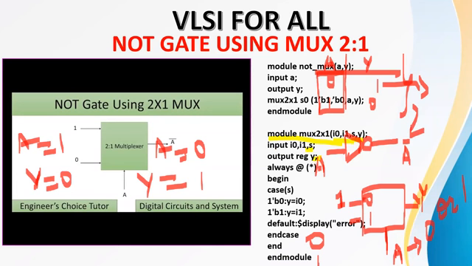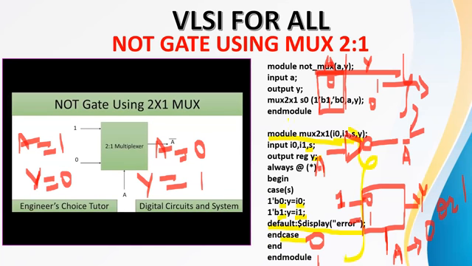Y is the output. So whenever the select line is 0, I'm taking I0 as the output. Whenever the select line is 1, taking I1. I'm displaying the default statement as error, I'm not assigning a value, I'm just displaying an error. And then I'm ending the case. This complete code is with respect to MUX.